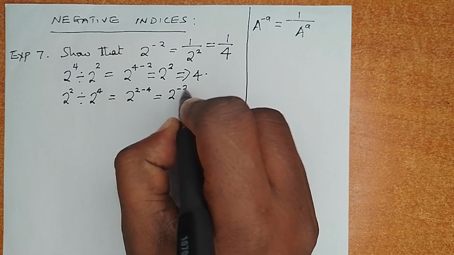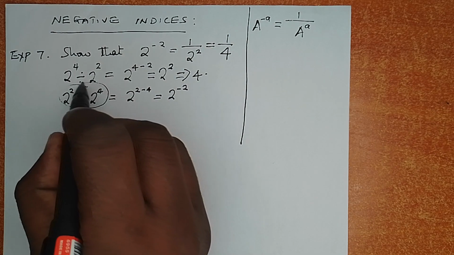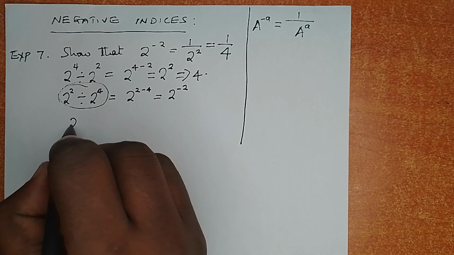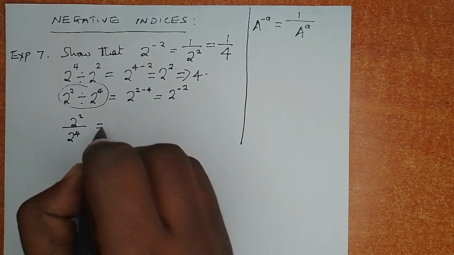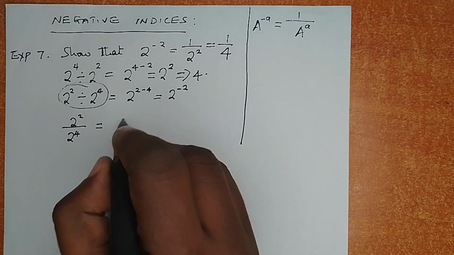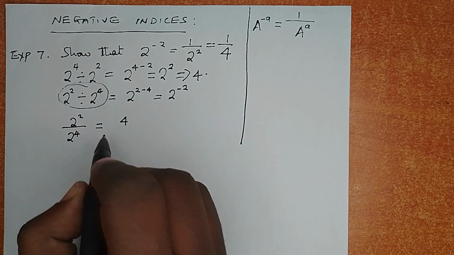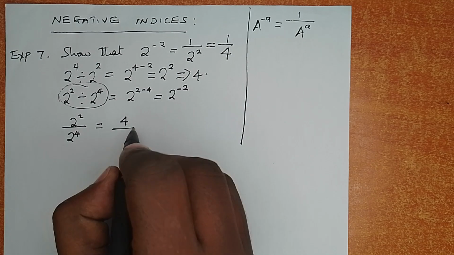But if we take this part and have 2 raised to power 2 divided by 2 raised to power 4, this is 2 times 2, which is 4, over 2 times 2 times 2 times 2, which is 16.